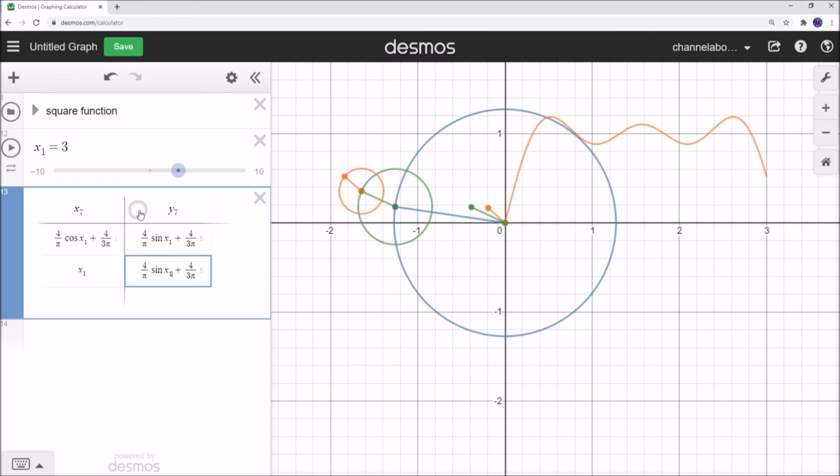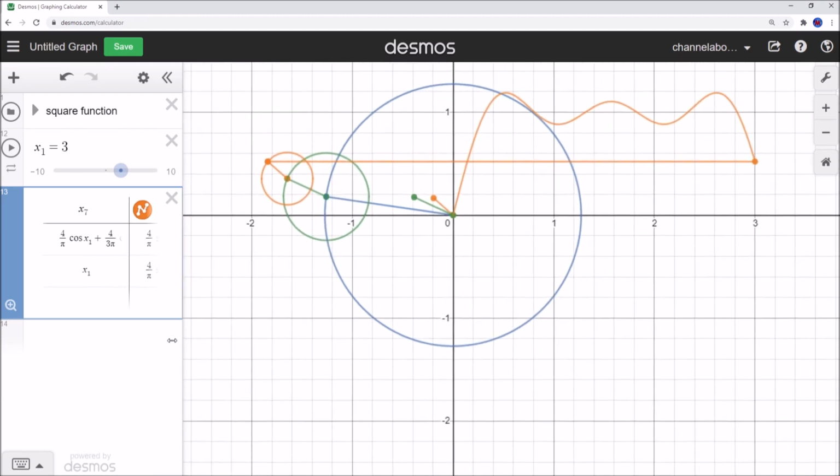So if I was to click on this and join the two lines together, this is going to give us our connection between our phasors, which have been added vectorially, and the function which we are creating. So when I draw that in, you'll see this point connects to that point here. So that's us finally finished the whole design.